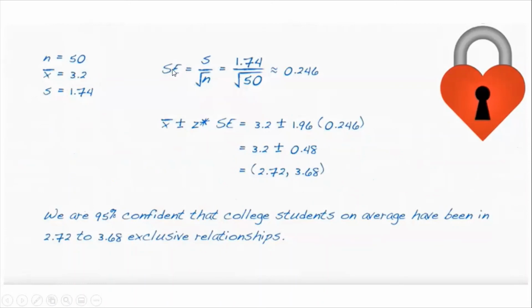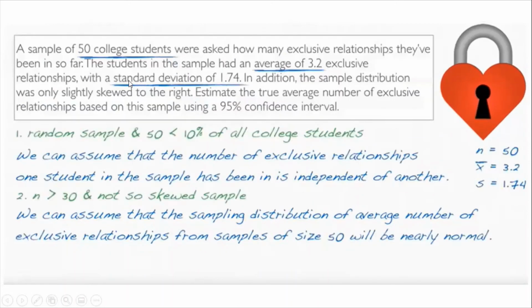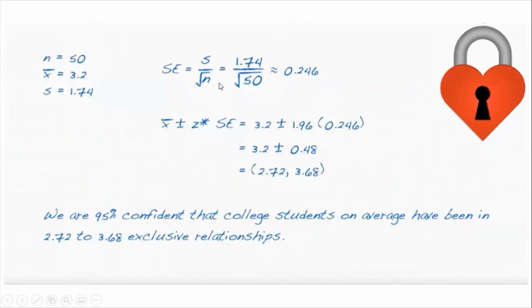So let's calculate this. We need to know the standard error, because we are only given the standard deviation, so we need to calculate the standard error. The standard error comes from the sampling distribution simulation. We divide the standard deviation by the square root of n, so we get the standard error. Then we have the point estimate.